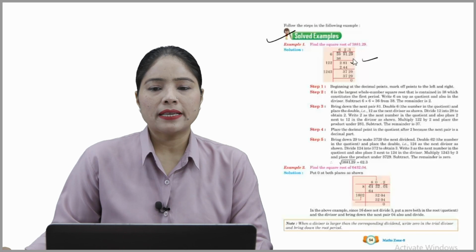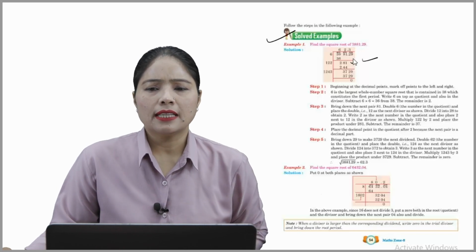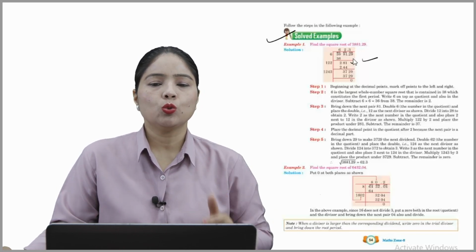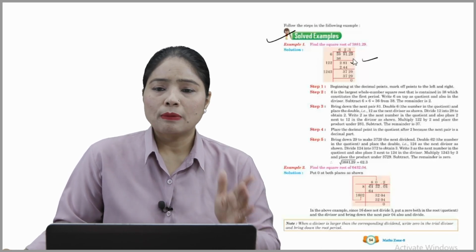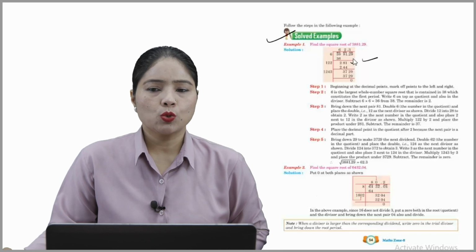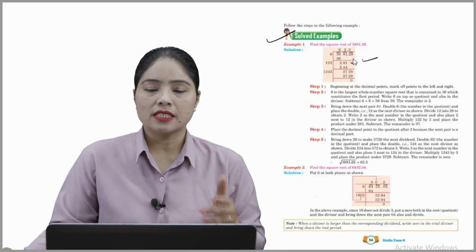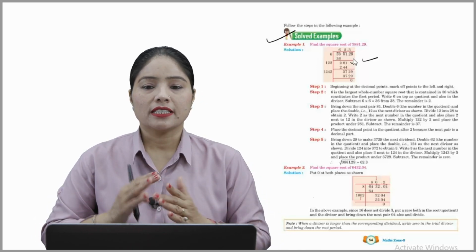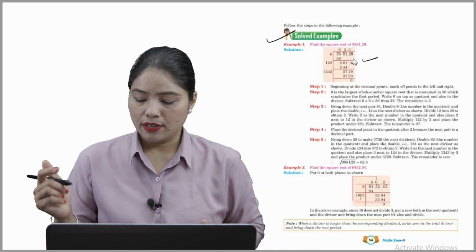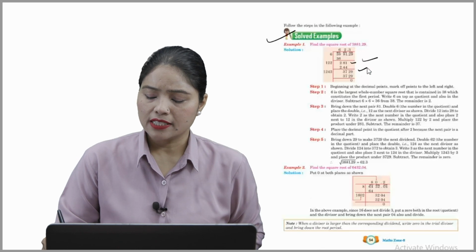Write 2 as the next number in the quotient and also place 2 next to the 12 in the divisor as shown. Now multiply 122 by 2 and place the product under 281. After that subtract it. Remainder is now 37.